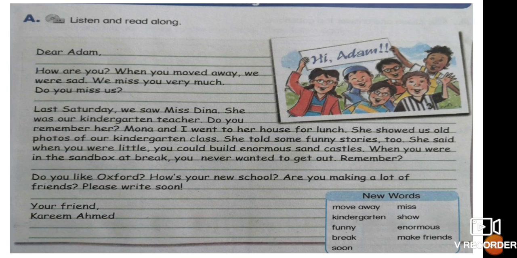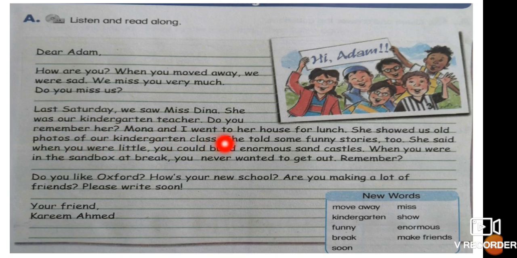Read with me this letter, okay? Dear Adam, how are you? When you moved away, we were sad. We miss you very much. Do you miss us? Last Saturday, we saw Miss Dina. She was our kindergarten teacher. Do you remember her?